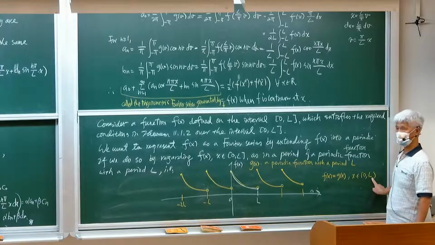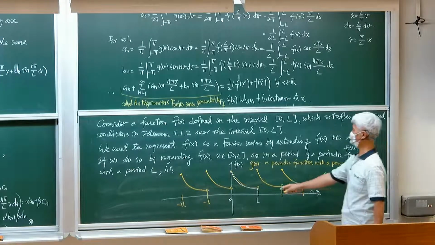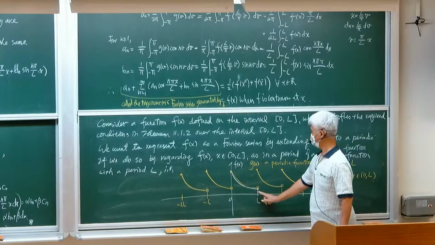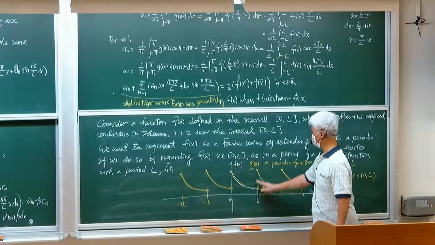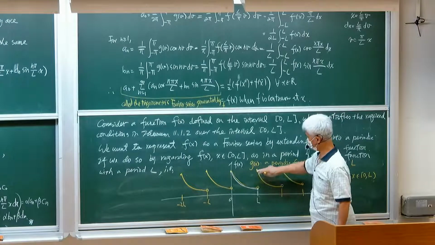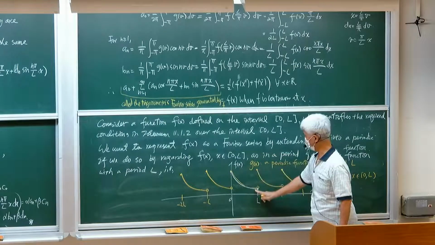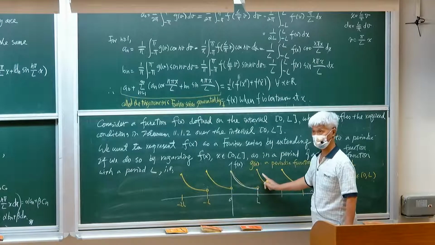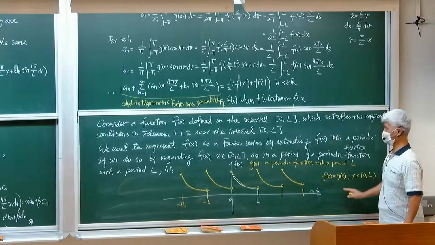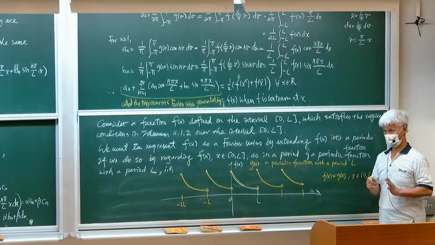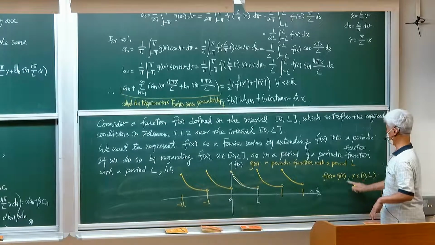So we let the L be open. Why? Because they are different. For g of L is this value, but f of L is this value. So they are equal almost everywhere, almost for all x.